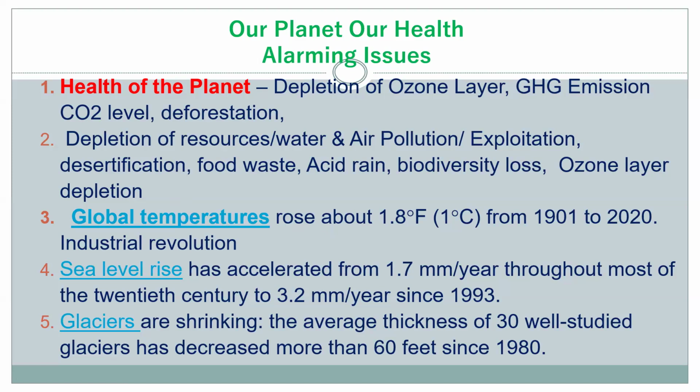Then sea level rise, that is due to melting of the ice, accelerated from 1.7 millimeter per year throughout most of the 20th century to 3.2 millimeter a year since 1993. You understand that phenomenon.